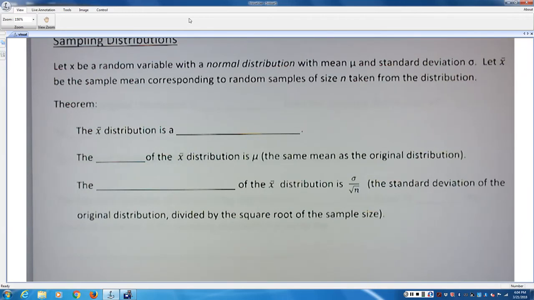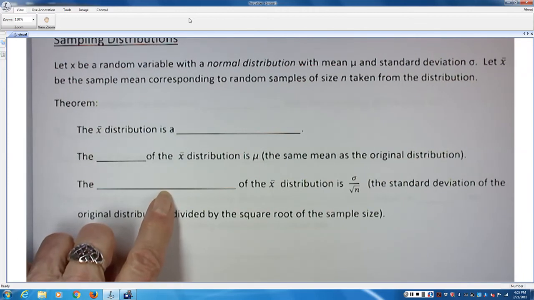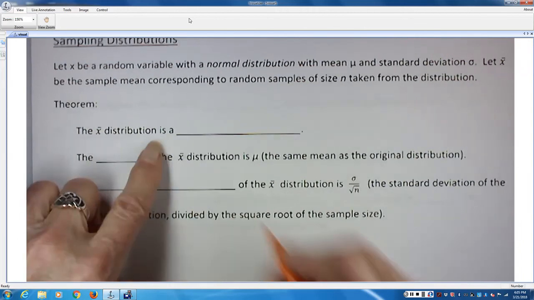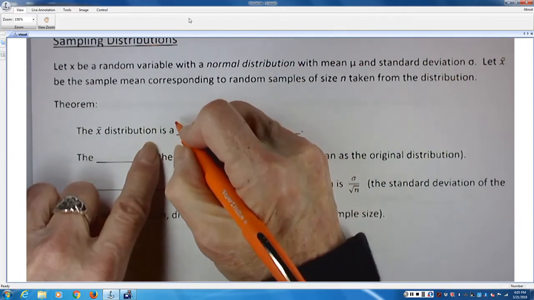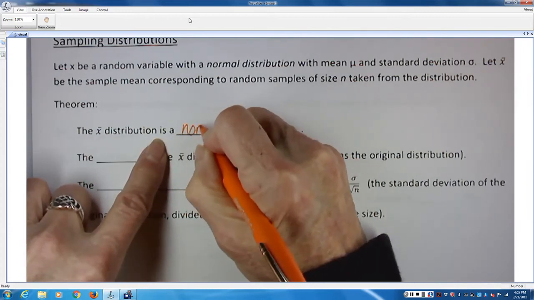X bar is the sample mean that corresponds to random samples of some specified sample size n taken from the distribution. What the theorem tells us, and I'm going to lead you through a little example to make sure you understand this, is that the x bar distribution is a normal distribution.